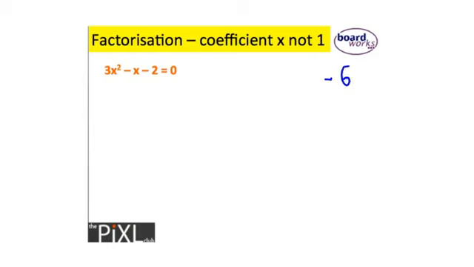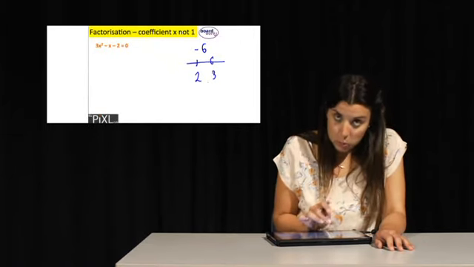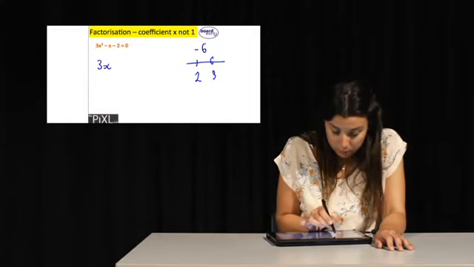We think about the factors of 6. We know it's 1 and 6, 2 and 3. Similarly, we're looking for the numbers that are going to match our b value here, which is negative 1. So this is no good. However, here with our 3 and our 2, we will be able to make negative 1. So what we're going to do, we're going to rewrite this with our two terms in the middle. Our first term is 3x squared.